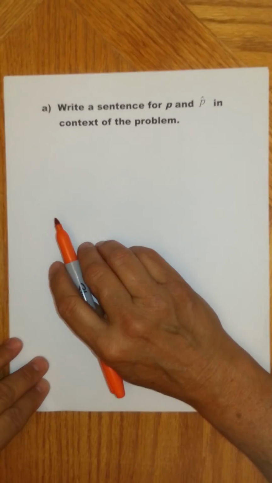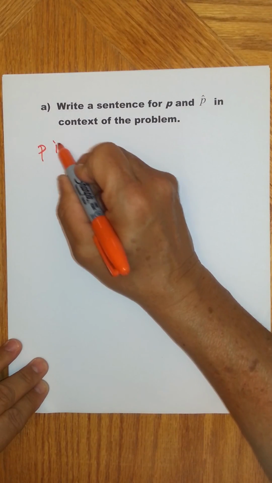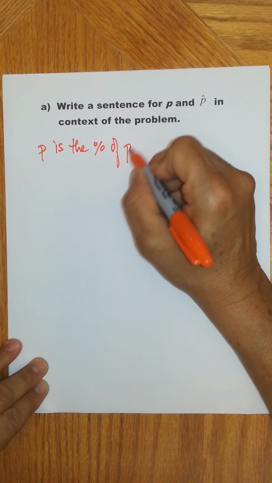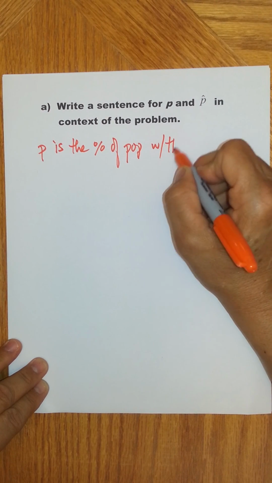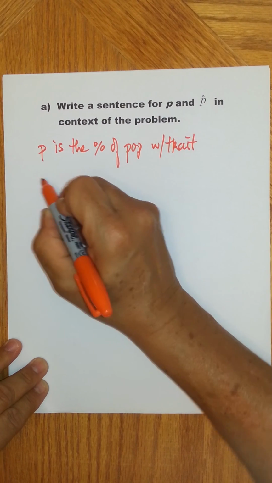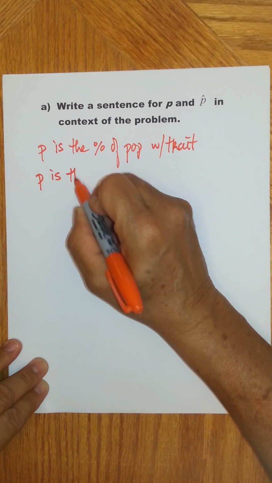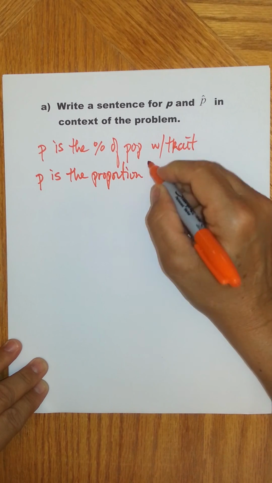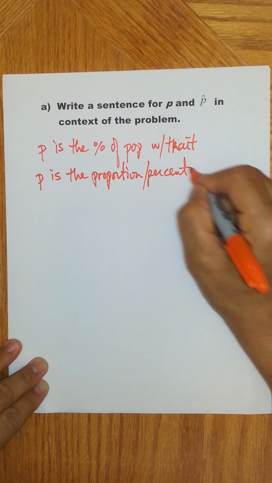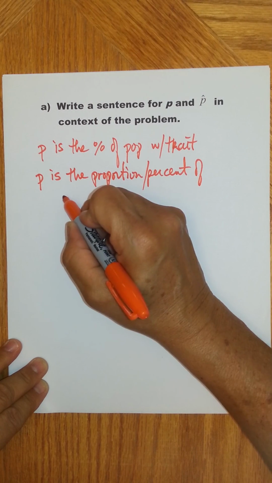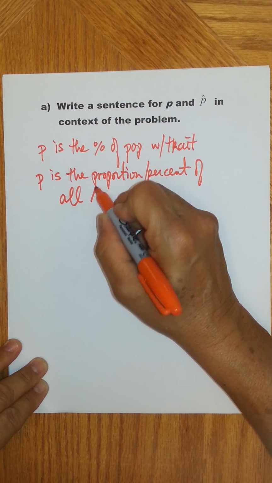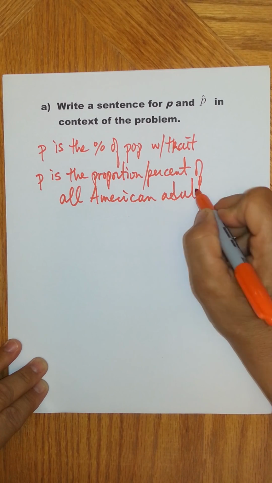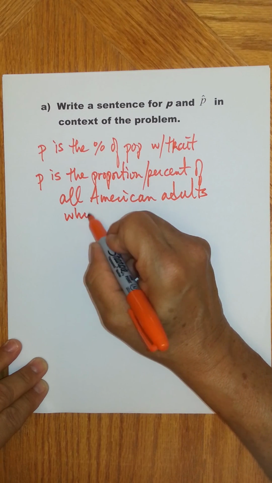So write a sentence for P and P hat. Of course P is the proportion or percent of the population with the trait. In this case, P is the proportion or percent of the population, which is all American adults, who have the trait, who are Hispanic.